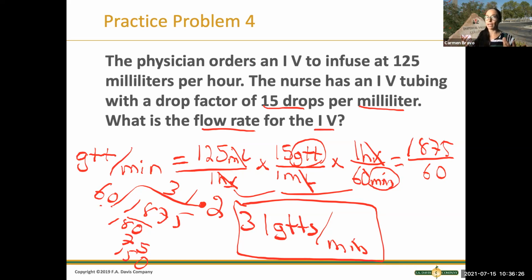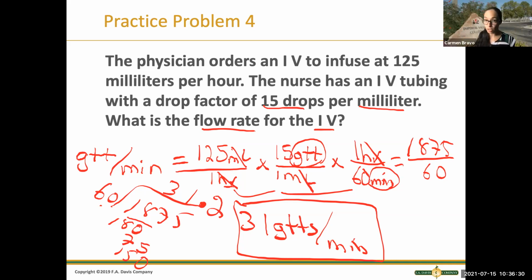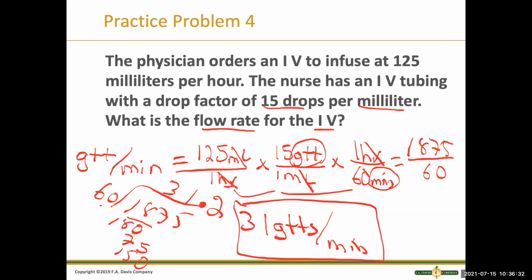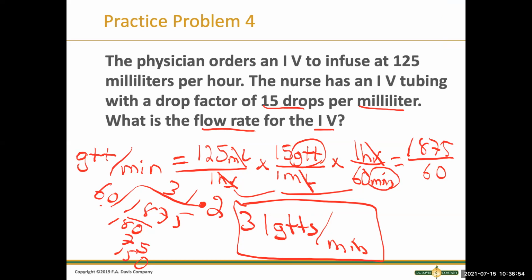That's when I'm concerned, because there is no possible way that you can count 200 or even 2,000 drops in a minute. It's not realistic. So you realize there's something wrong with the problem or with your work. That's what we want you to be able to catch: it has to be something realistic.